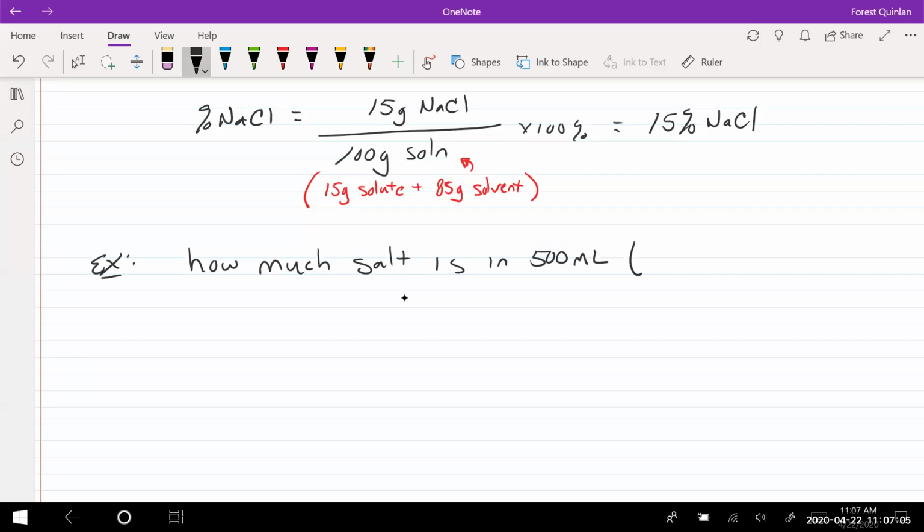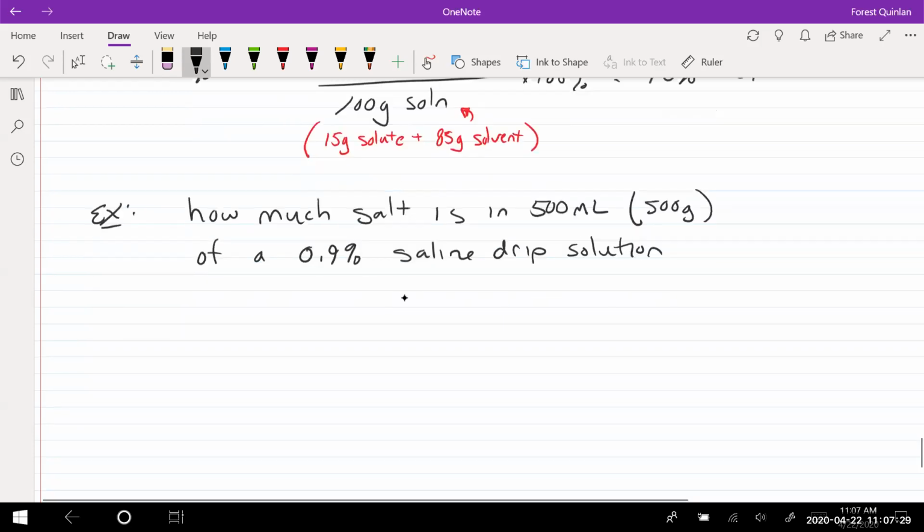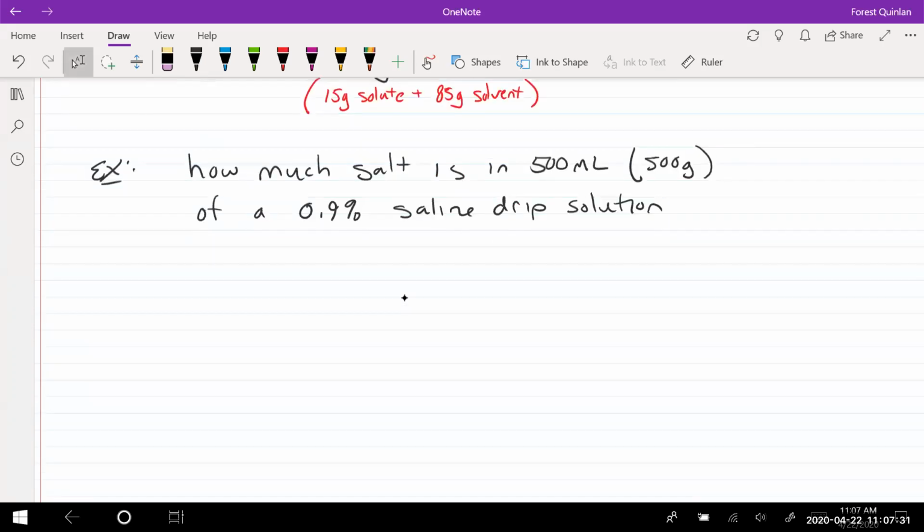We're going to go ahead and just nominally call this 500 grams of a 0.9% saline solution. So this is the standard IV solution that they might give you to stabilize the electrolytes in your blood, the salt levels in your blood. This is essentially what it looks like in your blood as far as its salinity, if you will.